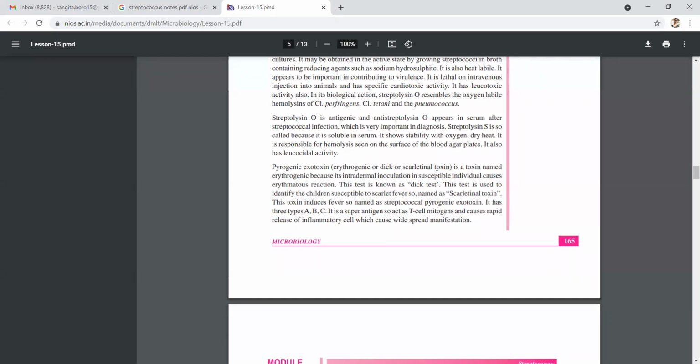We can perform a test which determines the presence of anti-streptolysin O. Because after a person is infected with streptococcus, if the streptococcal infection starts, then this anti-streptolysin O will appear in the serum of the person. And this is an important diagnostic procedure for streptococcal infection.